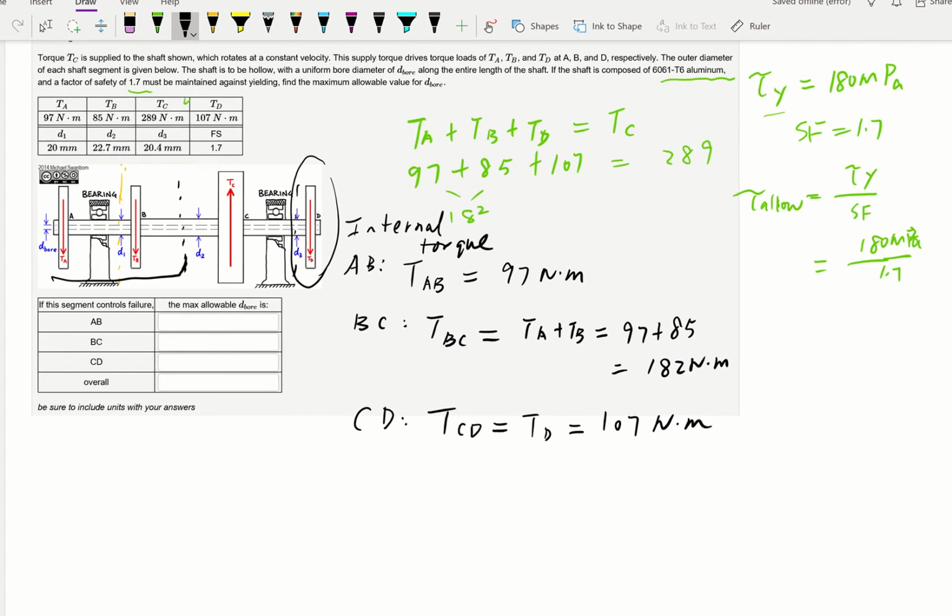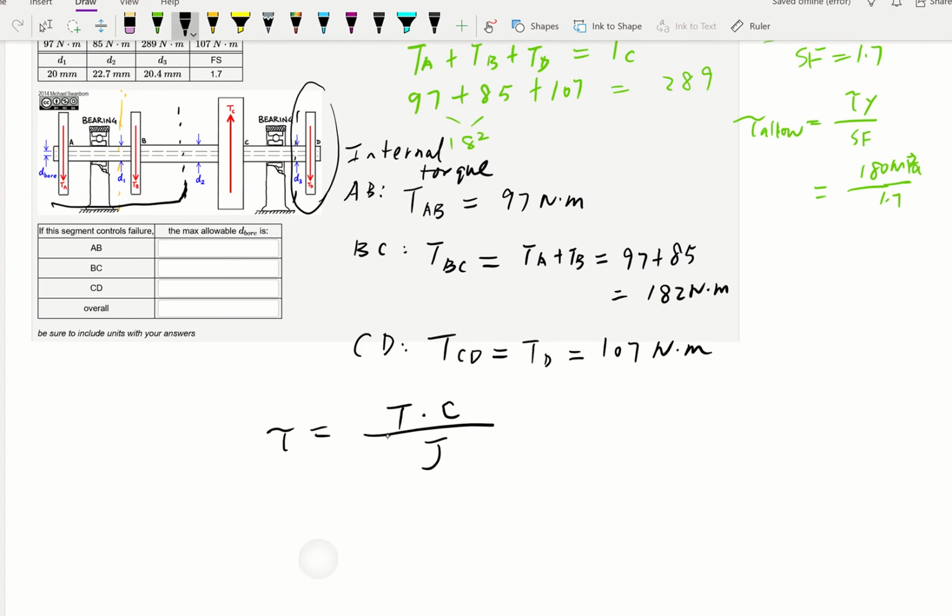Now we're going to use our shear stress due to torsion, and we know the shear stress tau is going to be equal to the internal torque at each section times the outer radius over the polar moment of inertia, J. If I were just looking at the AB section, here we want to see what's going to be the maximum shear this bar is going to experience.